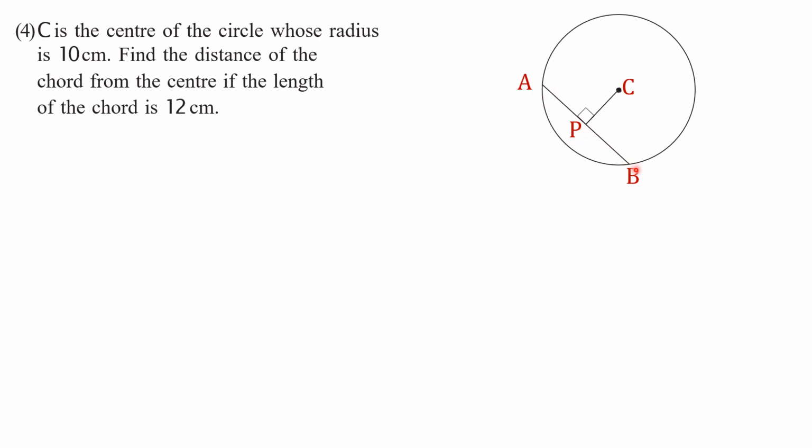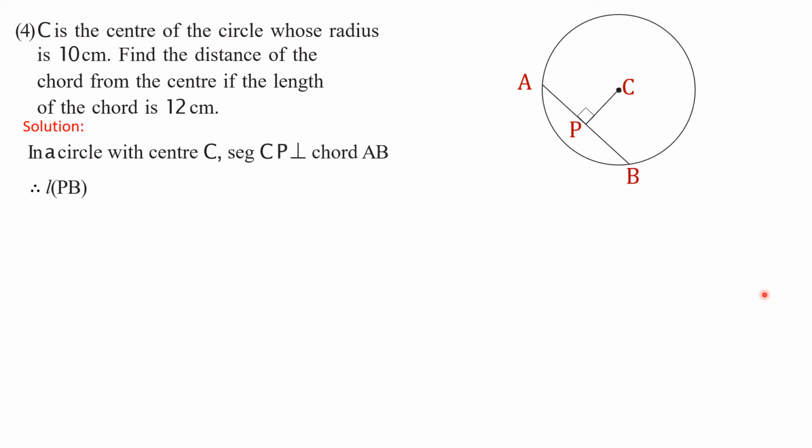Length of the chord is given, that is 12. Here we find out PB, that is half of AB. Then PB, we know PB, we know the radius, then find out the CP. Solution. In a circle with center C, segment CP is perpendicular to chord AB.